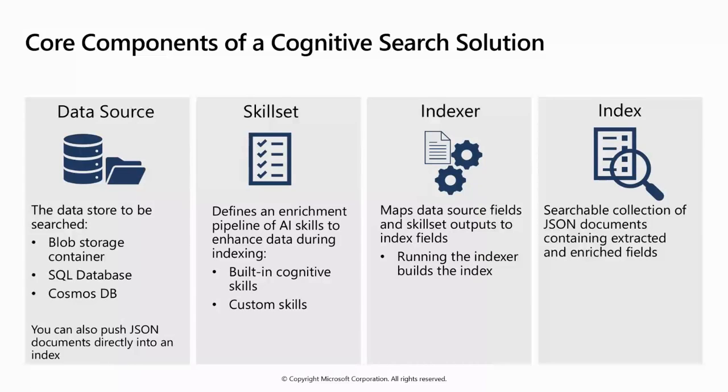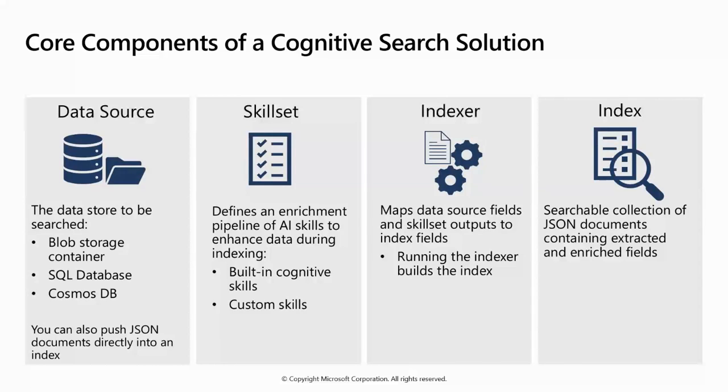When an indexer is constructed, it runs automatically, and it can be scheduled to run at regular intervals or run on demand to add more documents to the index. Now, when you add new fields to an index or new skills to a skill set, you may need to reset the index before running the indexer again.